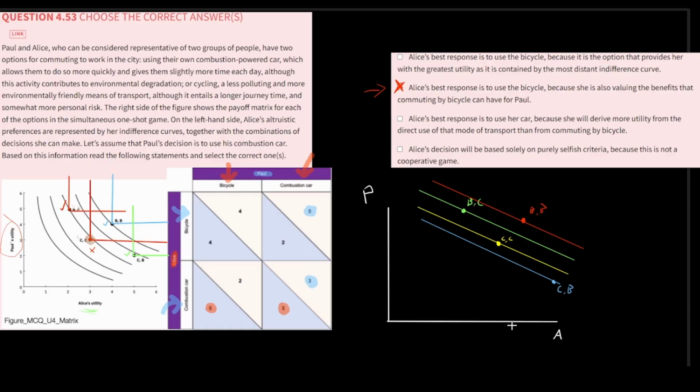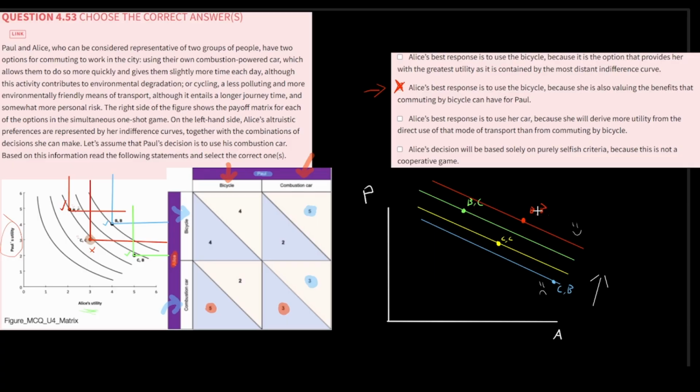Okay, so if we had this level of altruism, where Alice cares not just about her benefits, but also cares about Paul's, well, again, as we move up to the right, we have higher levels of happiness. So in this case, this would be the lowest level of happiness, and this would be the highest level of happiness.